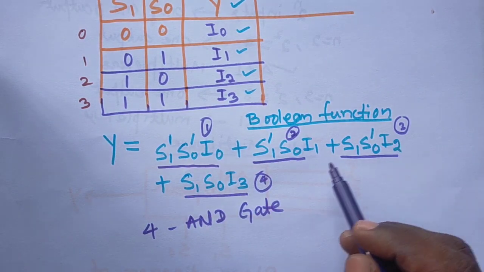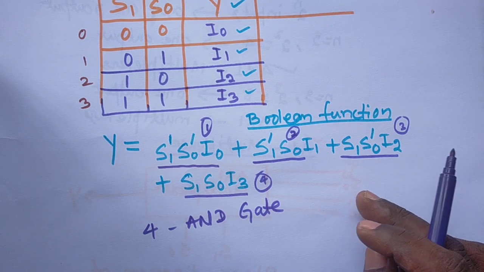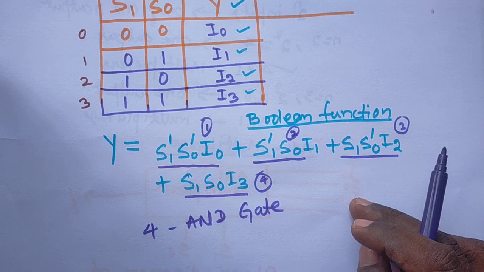Part 1, part 2, part 3, part 4, those parts are combined with an OR gate. We can consider it in this manner.